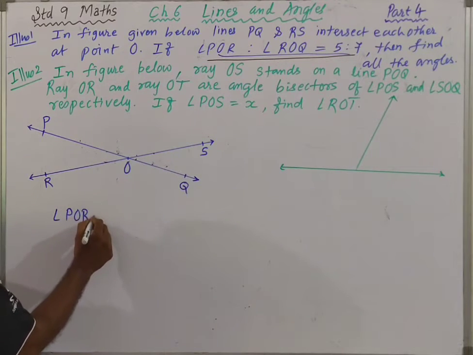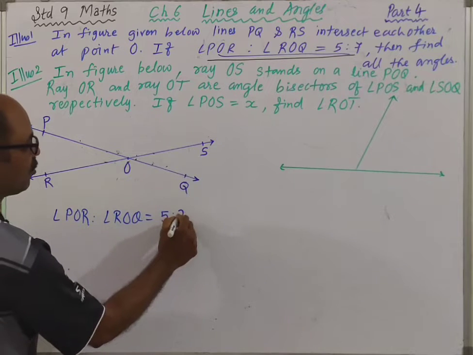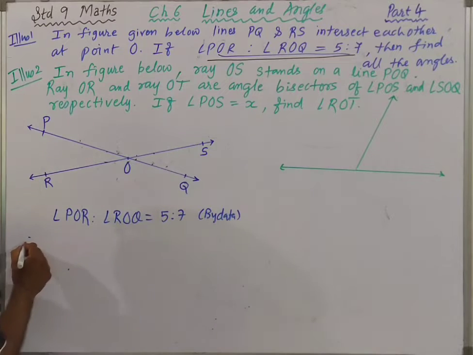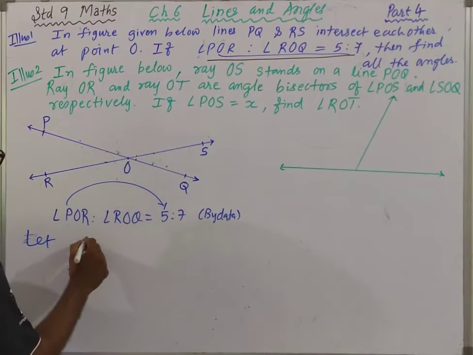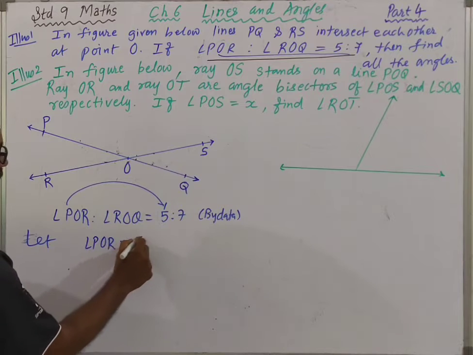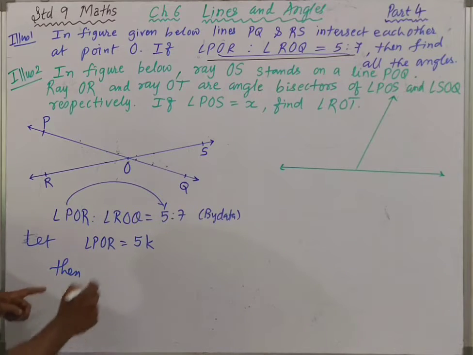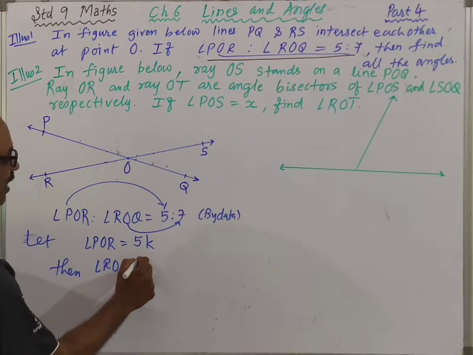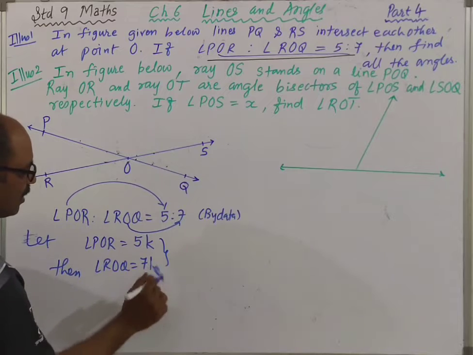Angle POR to angle ROQ is 5:7 by data. Therefore, suppose angle POR is equal to 5K. Then angle ROQ is equal to 7K.